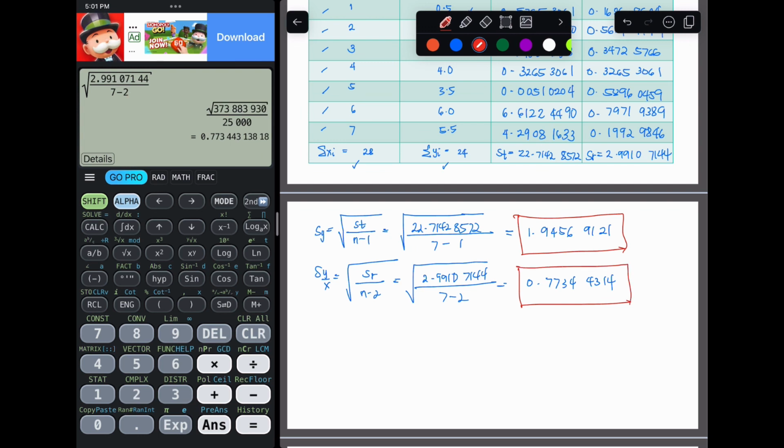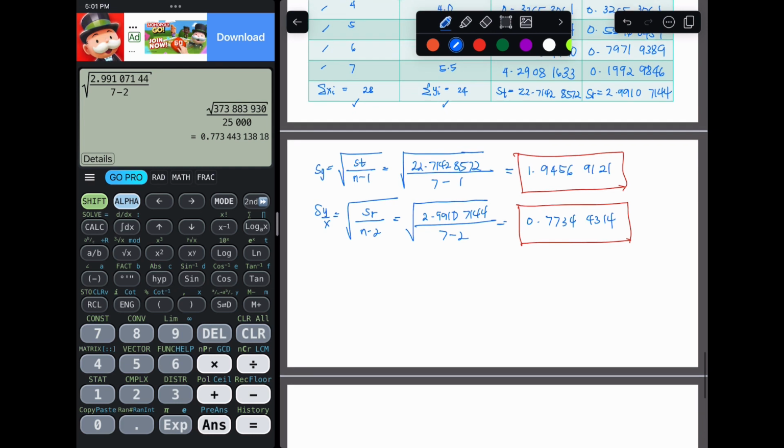Then to get the correlation coefficient, we get R squared first. That is ST minus SR over ST, which is 22.71428572 minus 2.99107144 over 22.71428572.